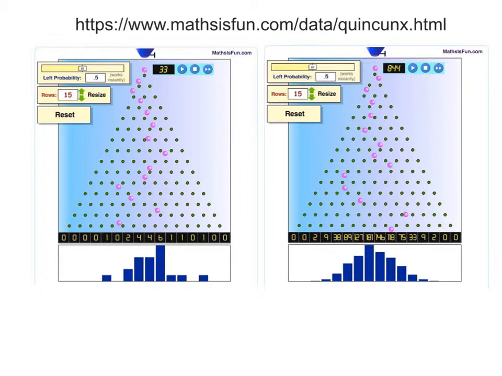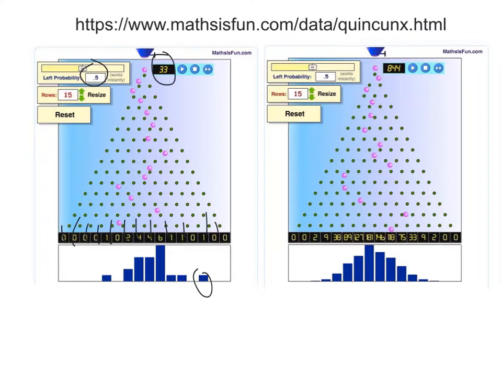But the idea is that you have these pegs, which are these green dots, and the pink ball is dropping from the top, and there's exactly a 50% chance to go left and 50% chance to go right. And as the ball falls down, it'll fall into these placeholders, and every time it falls down there, they tally it, and then it makes a shape.